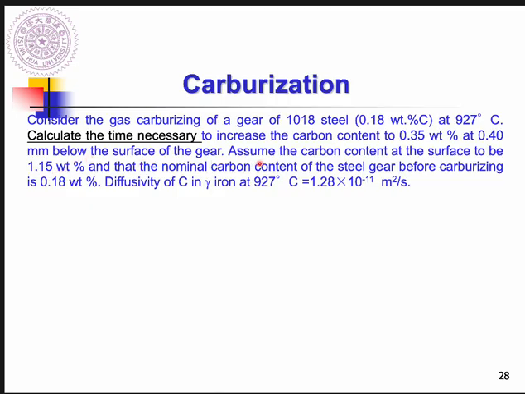The carbon content at the surface is 1.15 weight%, and the nominal carbon content of the steel before carburization is 0.18 weight%. I hope it can increase to 0.35 at 0.4 millimeter below the surface.